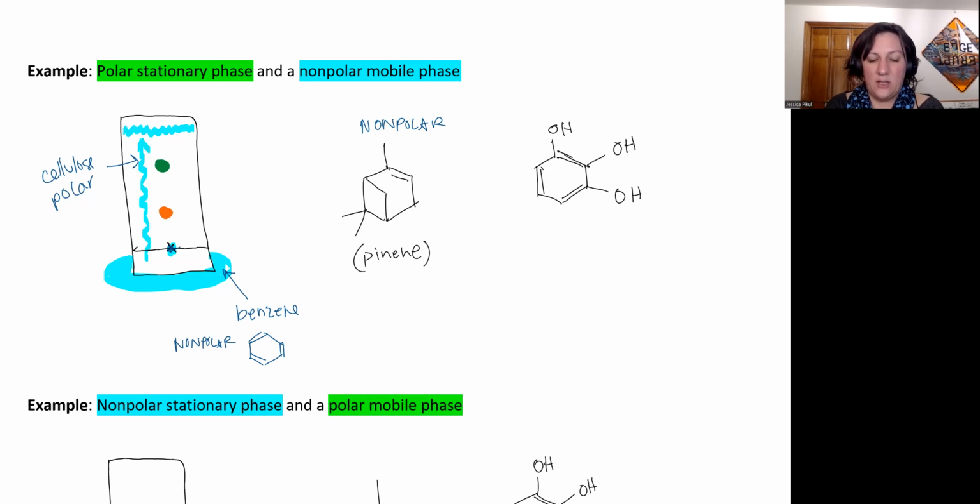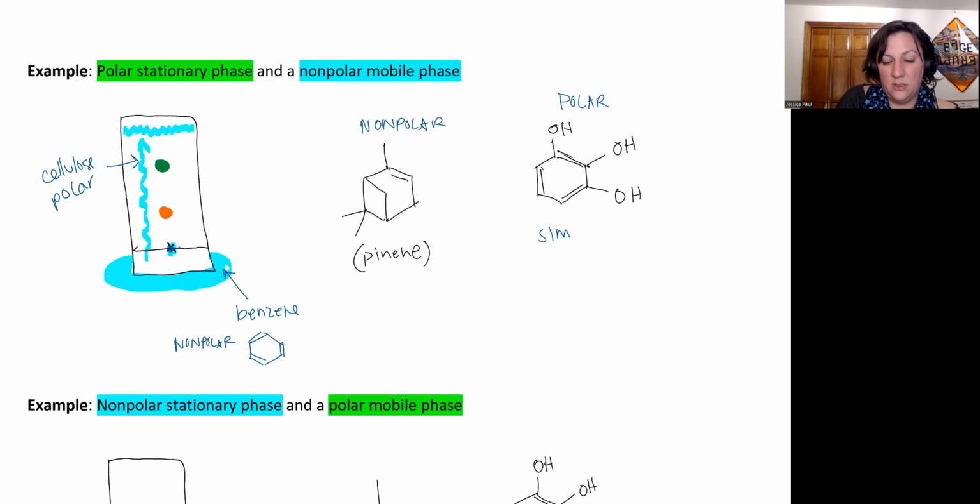And so this will actually make a polar compound. So these 2 compounds have gone through this phase. So in this case, my stationary phase is polar. And so the benzene ring with the 3 OH groups is going to be most likely to form strong intermolecular forces with something else that is polar, like our stationary phase.